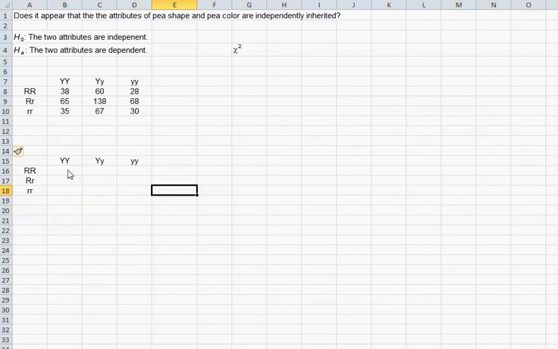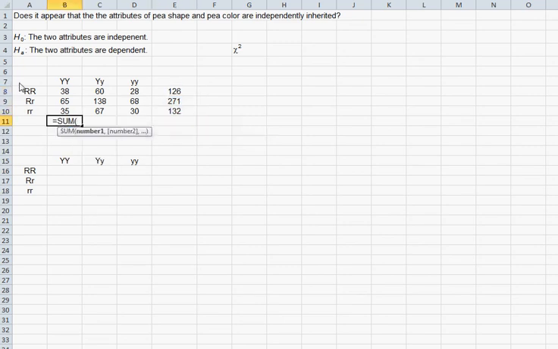we would have. The way that we compute the number of expecteds under the null hypothesis is that we first have to compute the row sums and the column sums. So I need to add these three numbers up to get 126, and filling down I get 132.